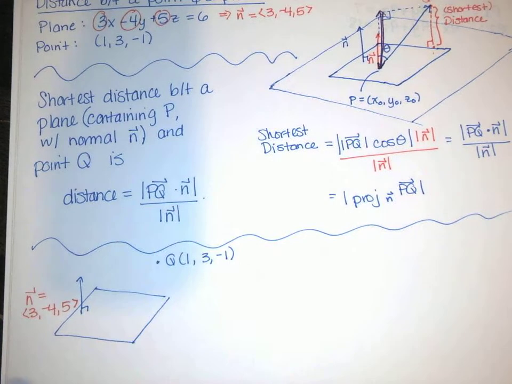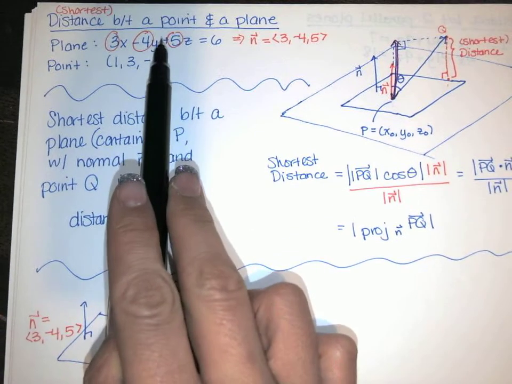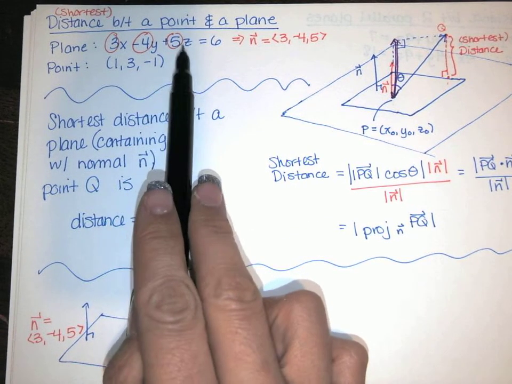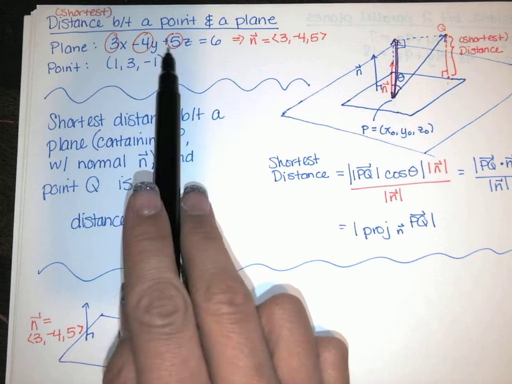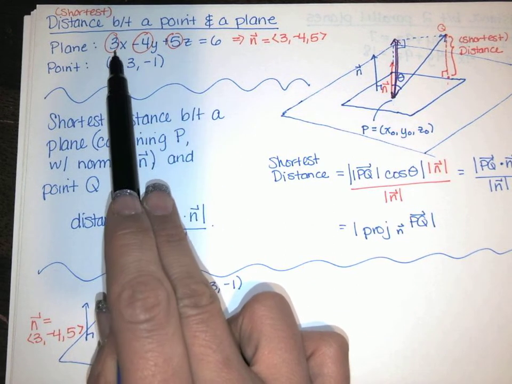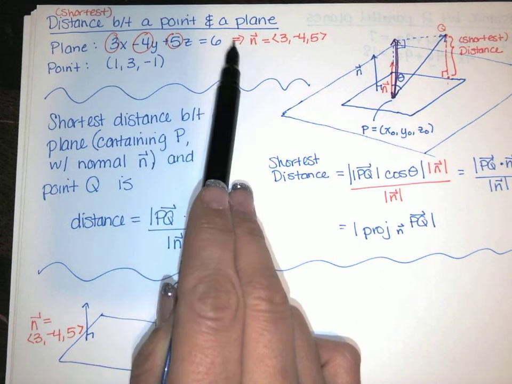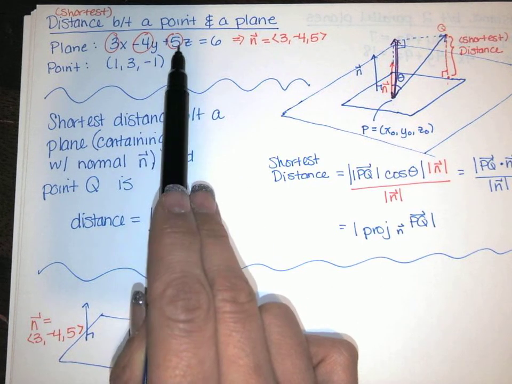In order to use this formula, I have to find a point P in this plane. Any point in the plane would work. So remember, you've got 2 free variables here. Choose 2 of them, and then the third is implied by the equation. Since I know that 3 and 6 have a factor in common, I think I'm going to let y and z equal 0.